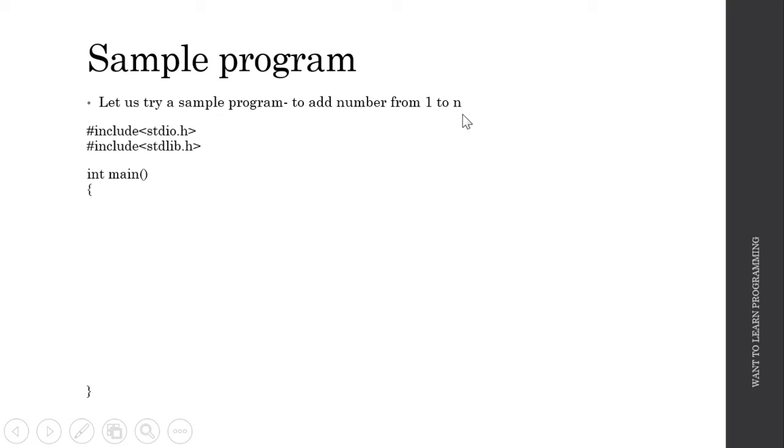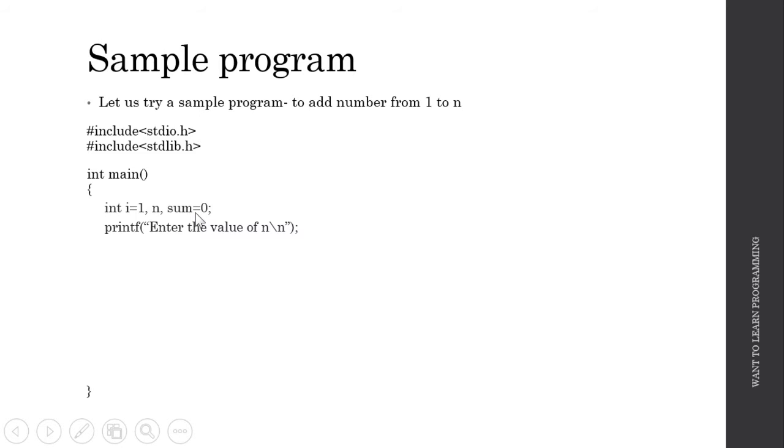One is to store the value of n, one to move from i equal to 1 to i equal to n, and a third variable to store the sum of the numbers. So we include i is equal to 1, n, and initialize sum equal to 0.